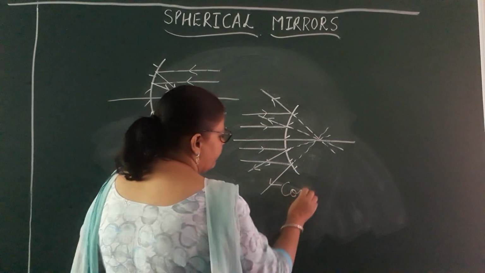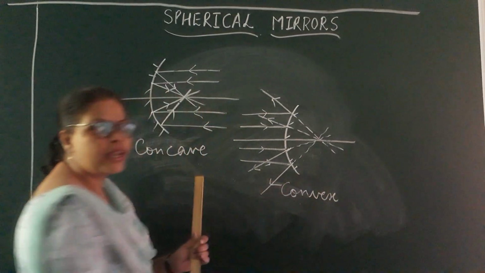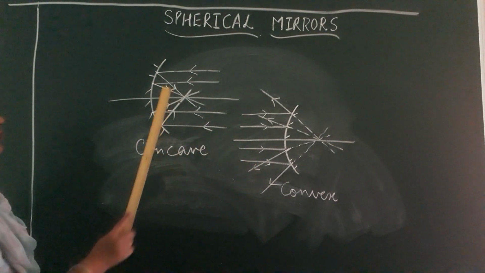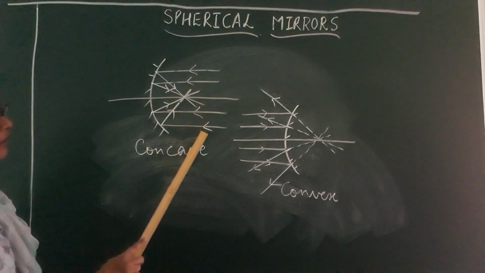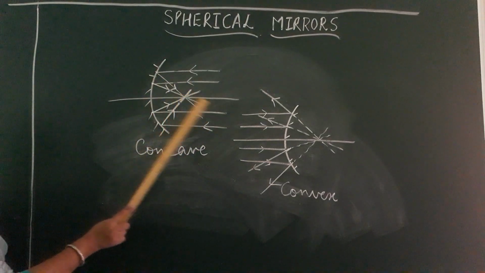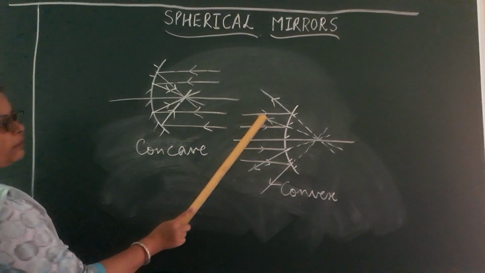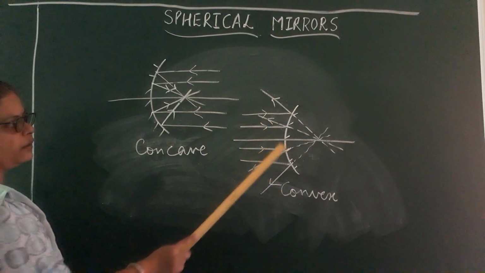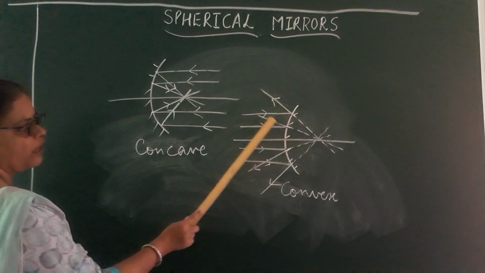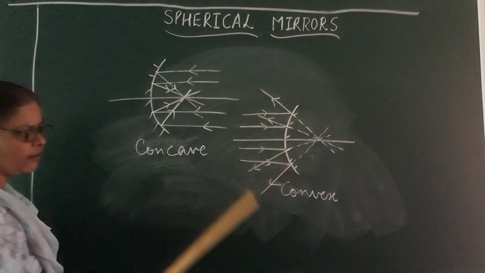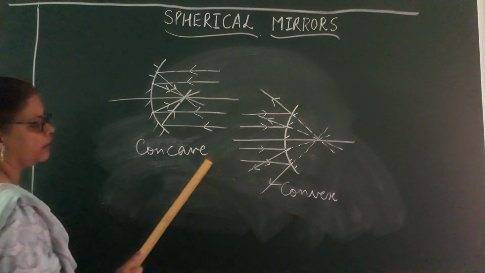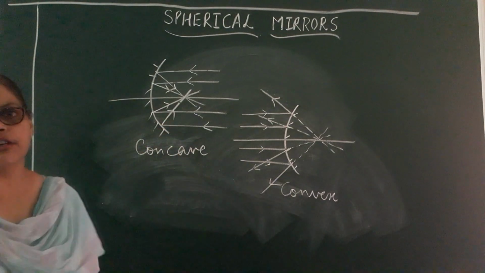Okay, children, just have a comparison. This is a convex mirror. That's why I've drawn both together so that you can have a clear-cut comparison between the two. In a concave mirror, when parallel rays of light strike, they all meet at a point after reflection. While in a convex mirror, when parallel rays of light strike the mirror, they appear to meet at a point, but actually they diverge out in different directions, and therefore we say that a convex mirror is a diverging mirror while a concave mirror is a converging mirror.